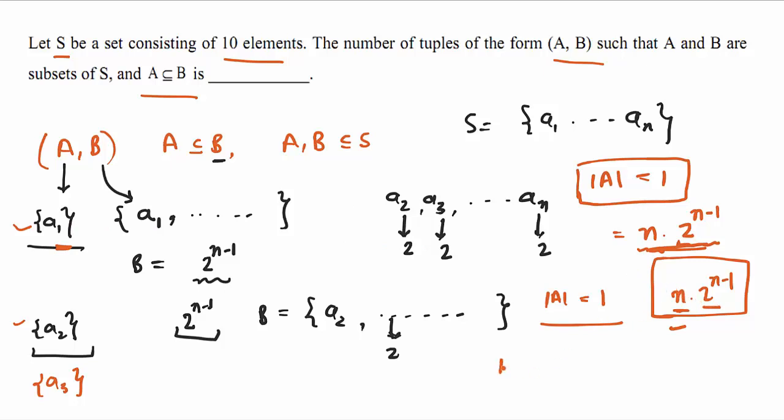What about if A has cardinality 2? If A has cardinality 2, then we have NC2 choices for A, and for every choice, we have 2 power n minus 2 choices for B, right? These many choices for A and these many choices for B.